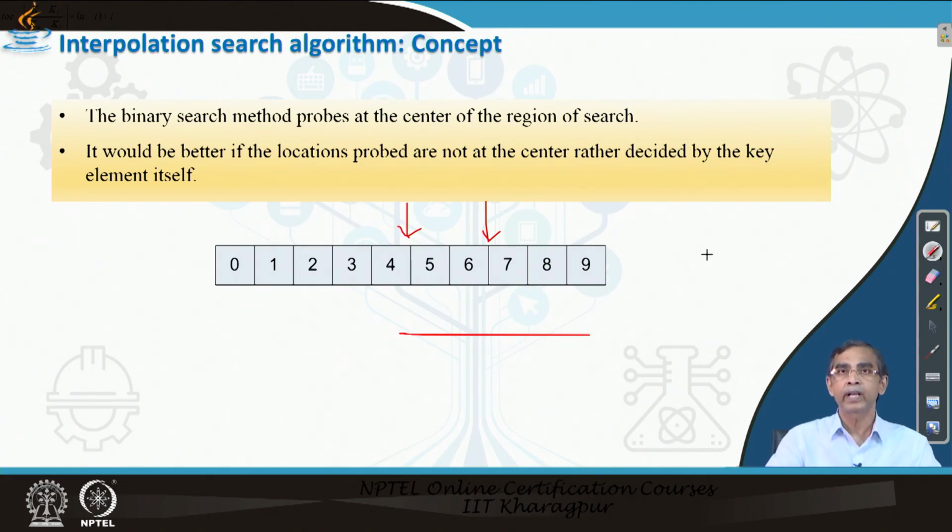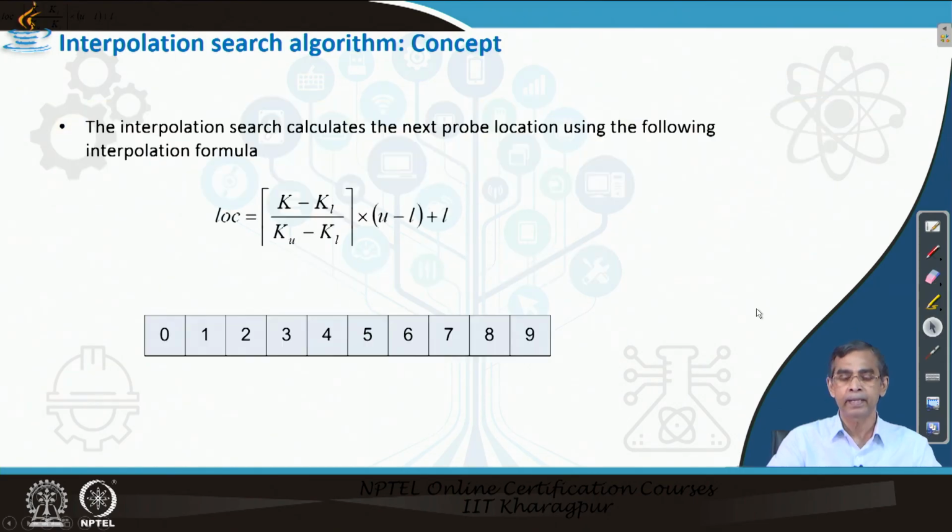Now let us see how we can probe very close to the target element. In this regard there is an interpolation formula, so we can follow this interpolation formula and apply it to check which is the possible location very close to the target key.